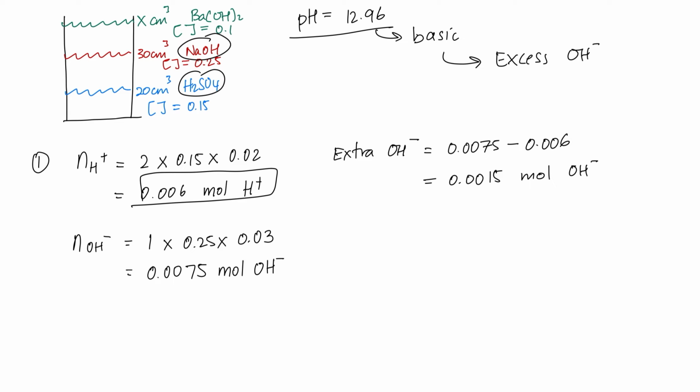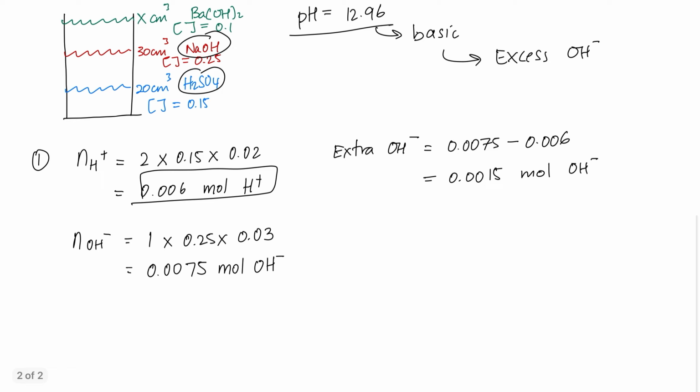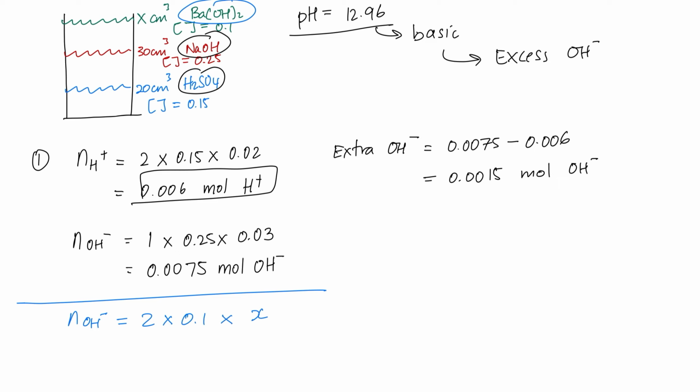Now let's consider the barium hydroxide. The number of moles of OH- from the barium hydroxide is 2 times, remember barium hydroxide is diprotic, 2 times the concentration, so 2 times 0.1 times x.